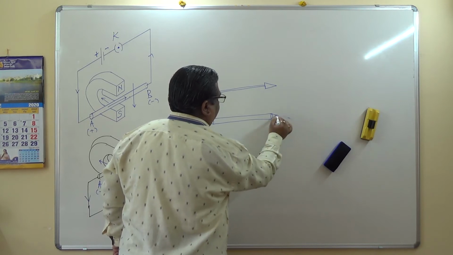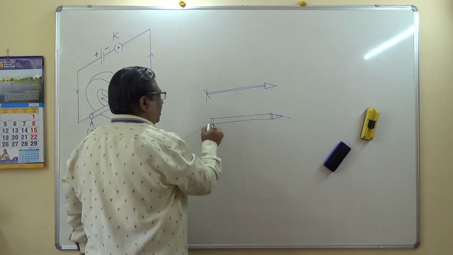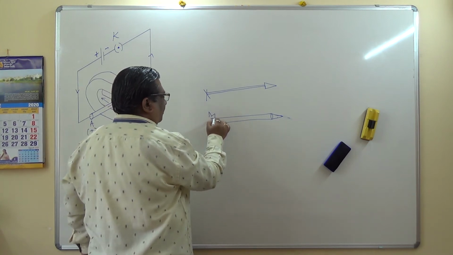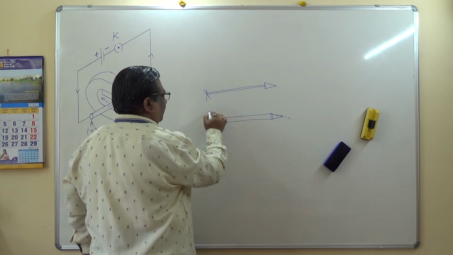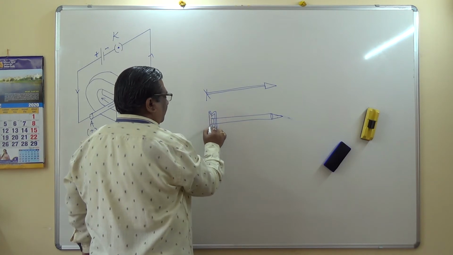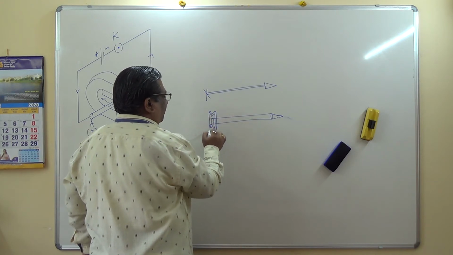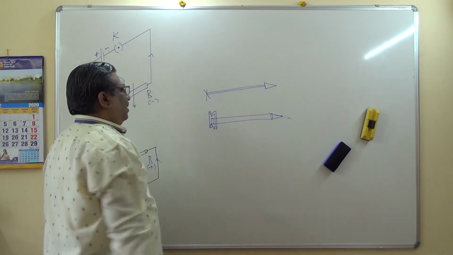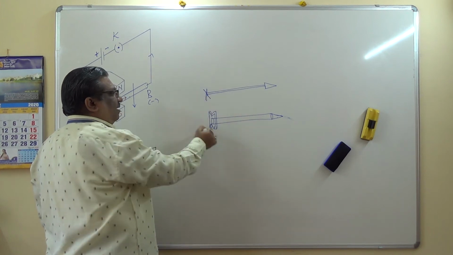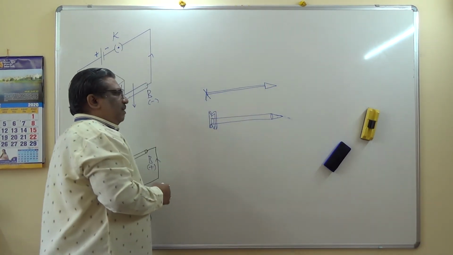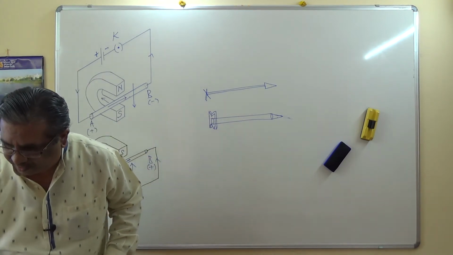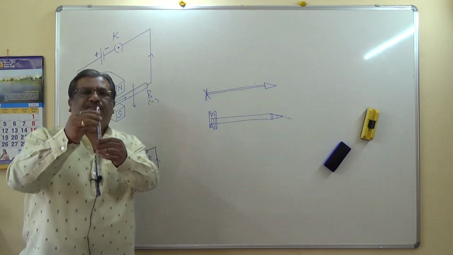Here in this case we have a pointer, meaning at the back side you have a cross, and at the front you have a pointer. This is exactly similar to the ballpoint pen which you can see here.